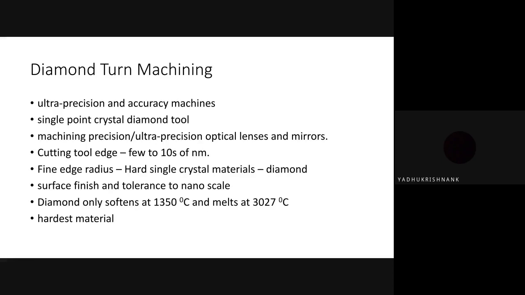And you can see single point diamond turning. This is one of the main methods used to machine precision or ultra precision optical lenses and mirrors.